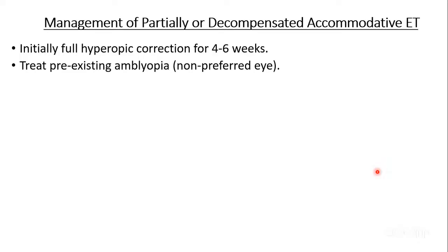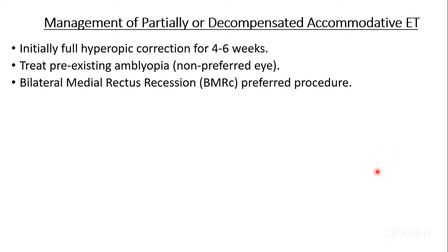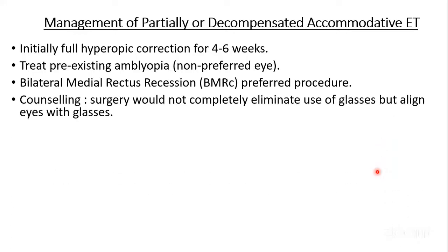So, as we mentioned, in management of partially accommodative or decompensated accommodative esotropia, usually we give the full hyperopic correction, treat pre-existing amblyopia, and BMR is the preferred procedure unless the patient is having severe amblyopia and is old, like 9 or 10 years, beyond the age that amblyopia can be treated completely, then we can do unilateral recess-resect.